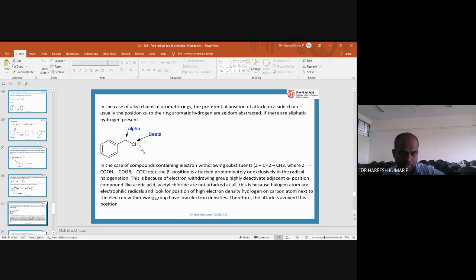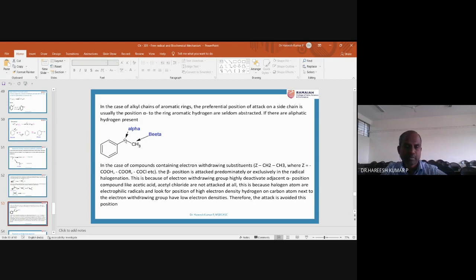That is no problem. But suppose here there are electron withdrawing groups or electron donating groups attached to the alpha position. In such cases, free radical homolytic cleavage occurs at the beta position. That's what you need to remember. So that means if there is no substituent on the benzylic carbon, homolytic cleavage occurs at the benzylic carbon.